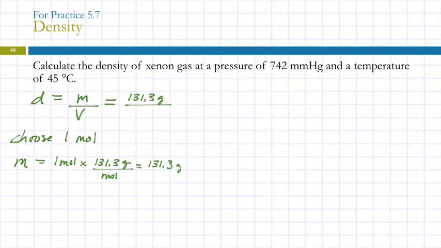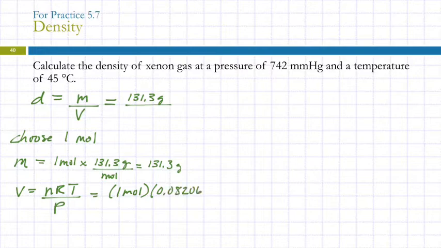I'm going to use the ideal gas law. So when I rearrange that, I get volume equals nRT over P. So n is 1 mole because I chose that. So that's going to be an exact number. 0.08206 is the ideal gas constant, liter atmospheres per mole Kelvin.